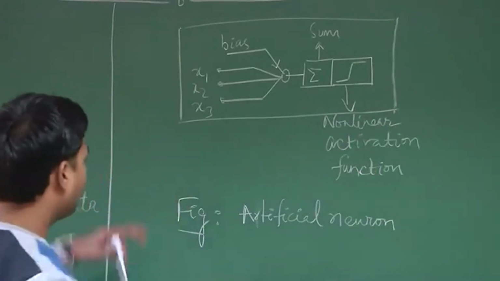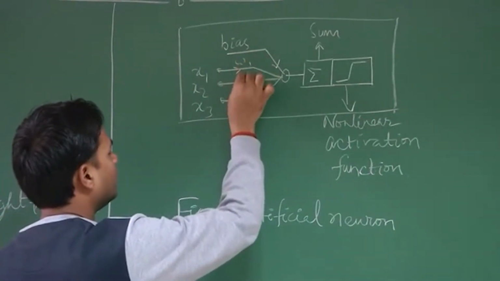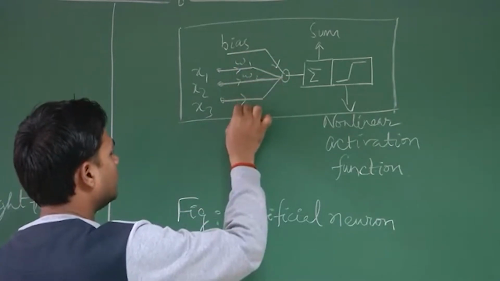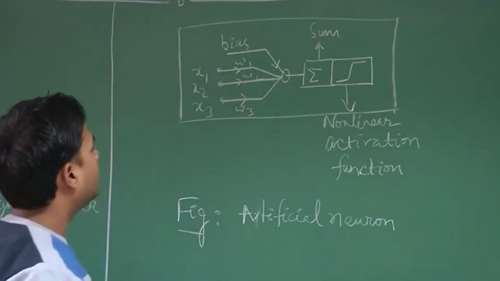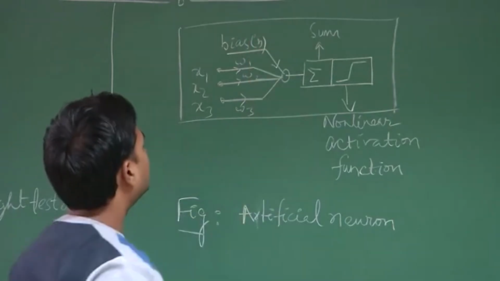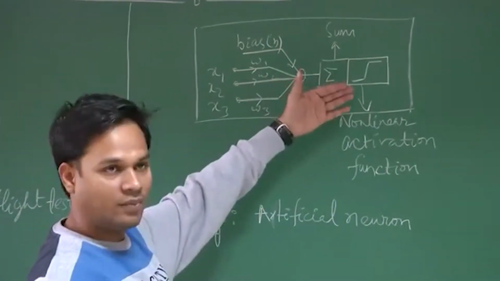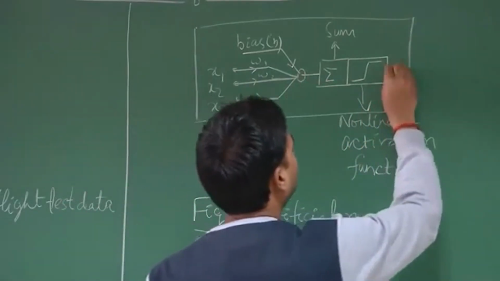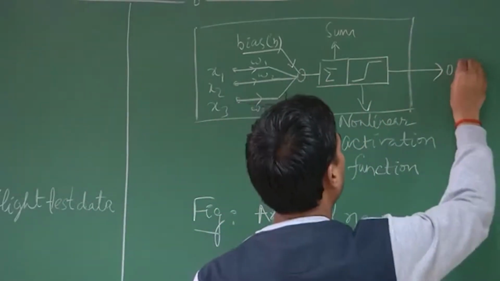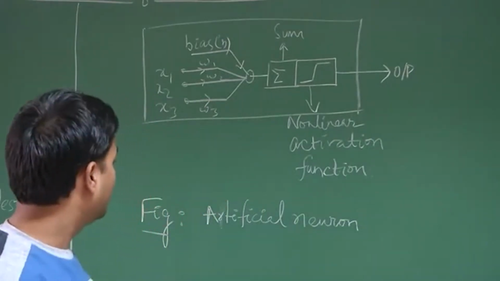You have the inputs and associated weights W1, W2, W3, and bias, let us say B, and then you have to sum all the effects and pass through a nonlinear activation function. Then you will get the output here.